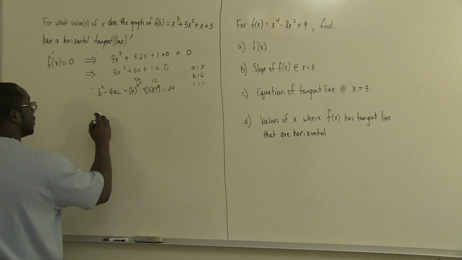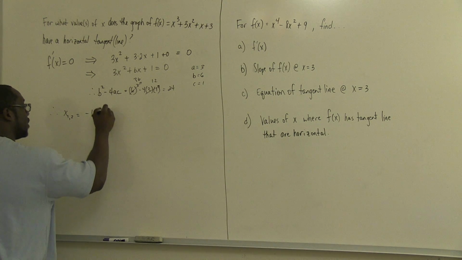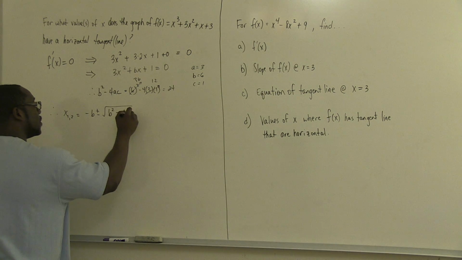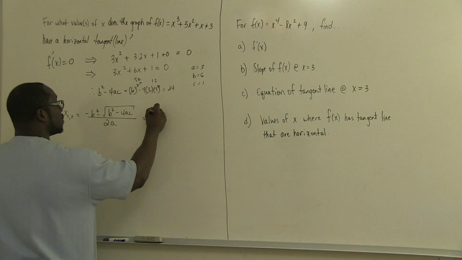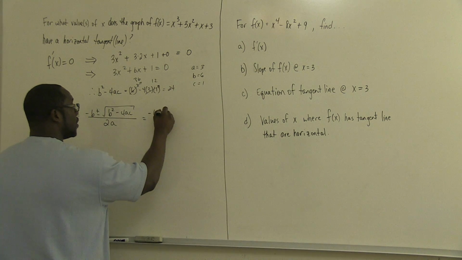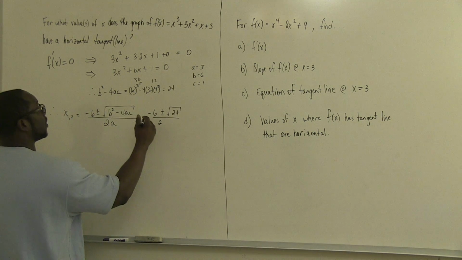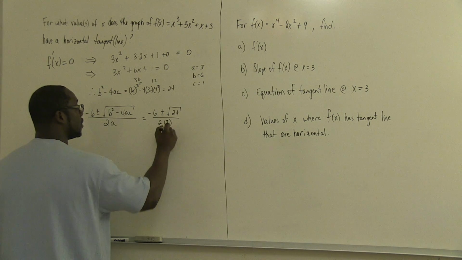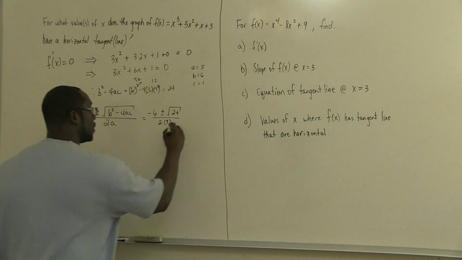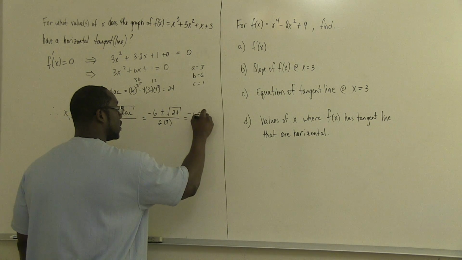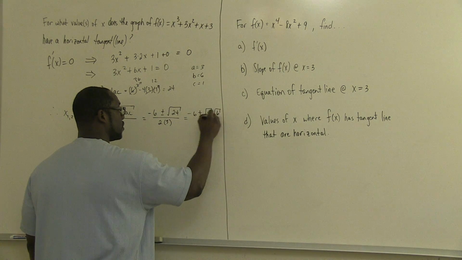So we know this. Using the quadratic formula, because that's probably the easiest route to go here, we have negative 6 plus or minus the square root of 24, divided by 2 times 3. And once we work this out, we'll see what the answer is. Of course, 24 is the same as 4 times 6, so we could rewrite it this way.